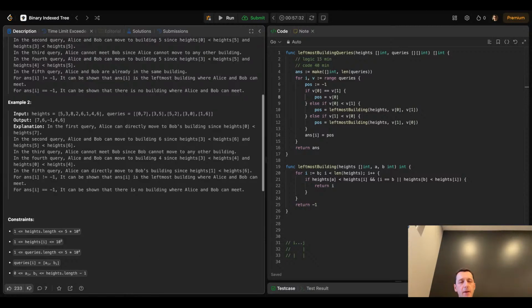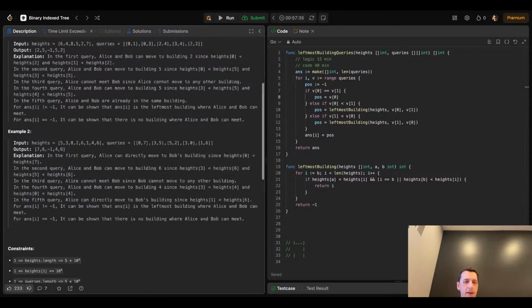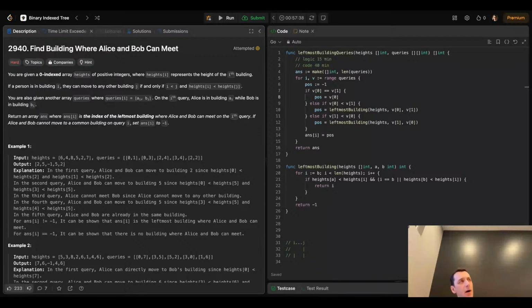Monotonic stack, so a stack that's non-increasing or non-decreasing. Interesting.